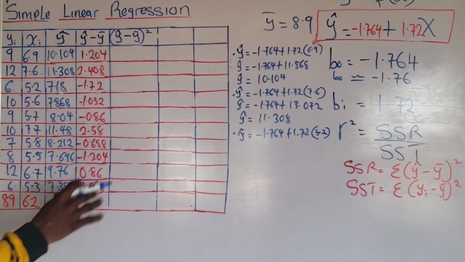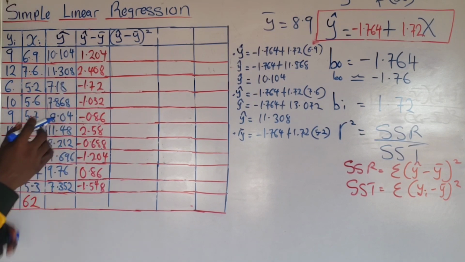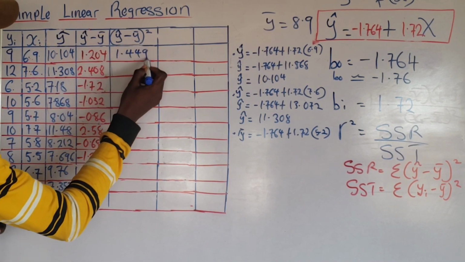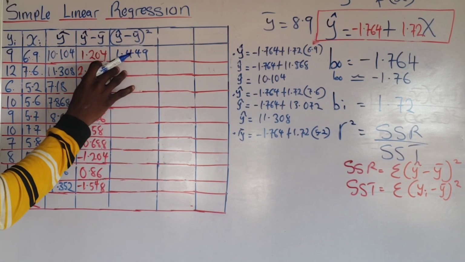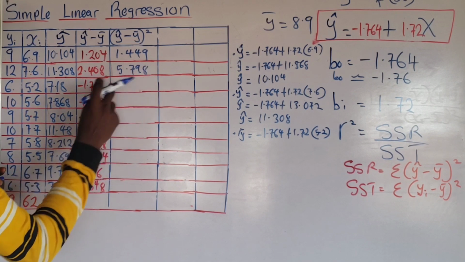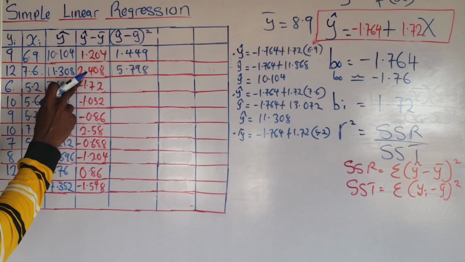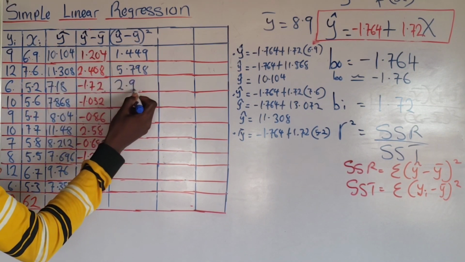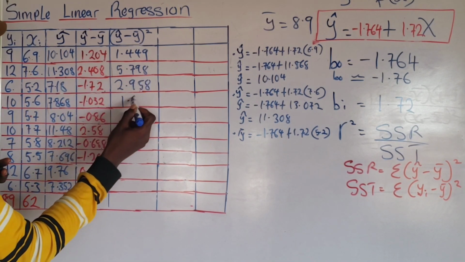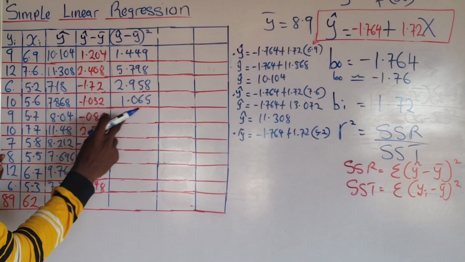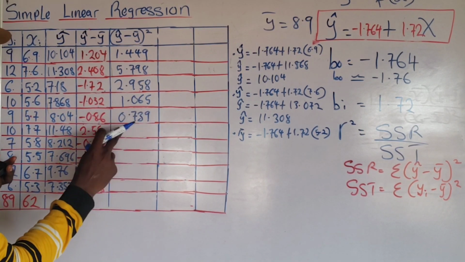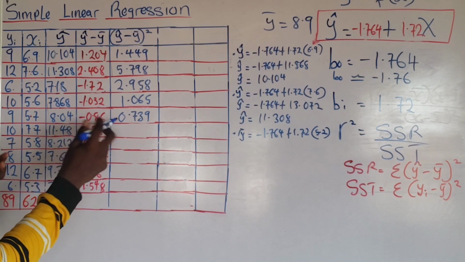Okay, so let's square all these values. 1.204 squared, that is 1.449. 2.408 squared, that is 5.798. Negative 1.72 squared is 2.958. For this we are going to have 1.065. Square this, we are going to have 0.739. If you square 2.58, we are going to have 6.656.